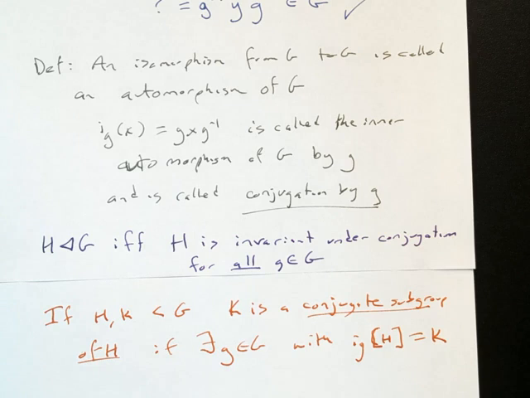But that means the rest of the subgroups can be permuted. And that means that conjugation is a permutation within a group.